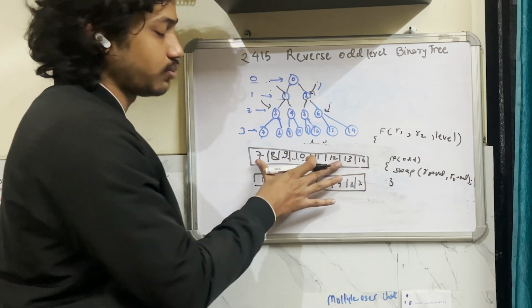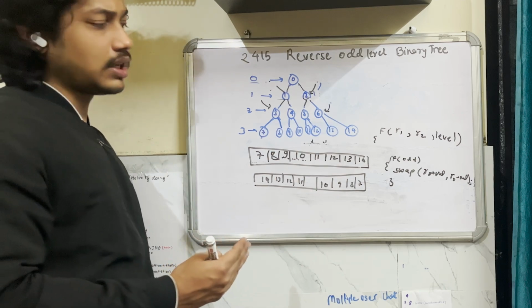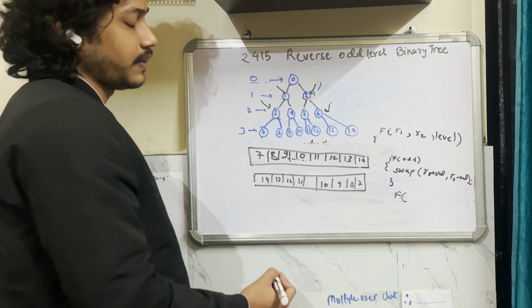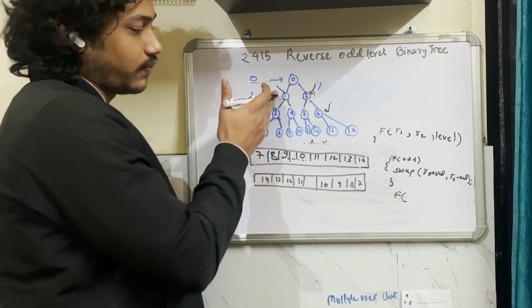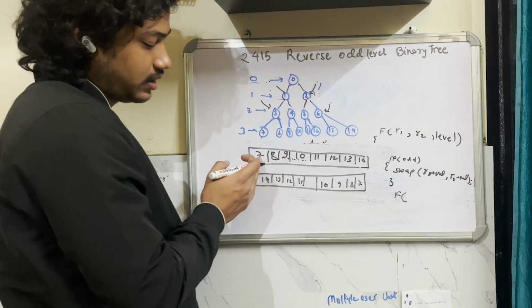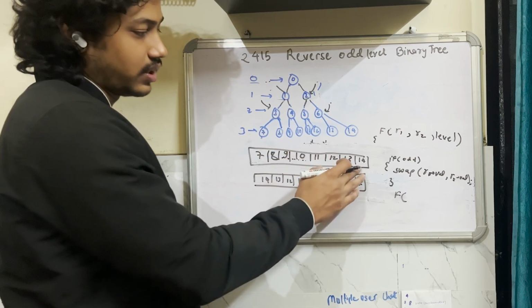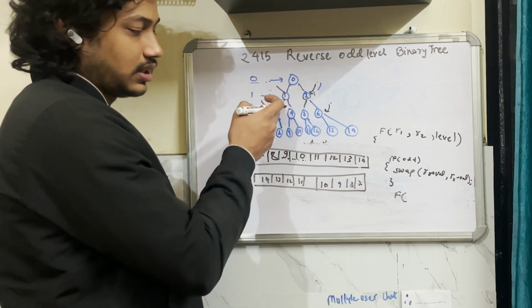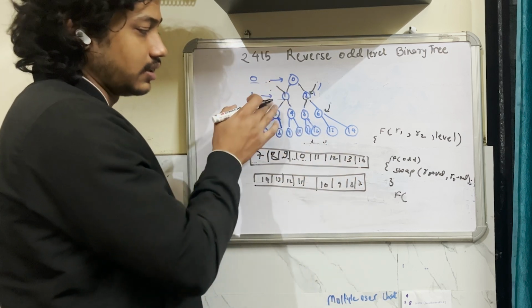So you are swapping the outmost value. How are you swapping the outmost value? You are again calling recursion, and for the left, if you see, we changed 7 with 14, which is the leftmost value of this side.